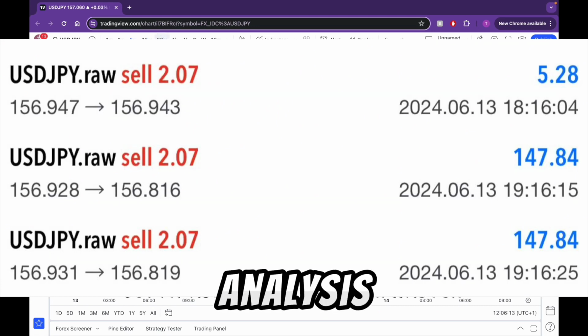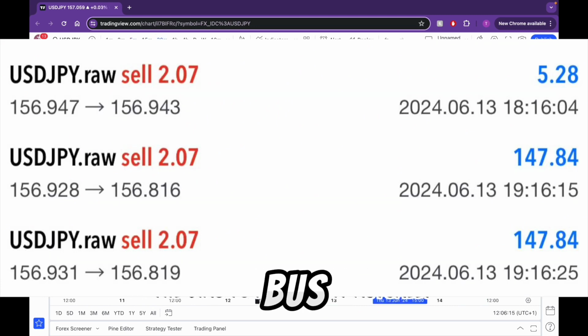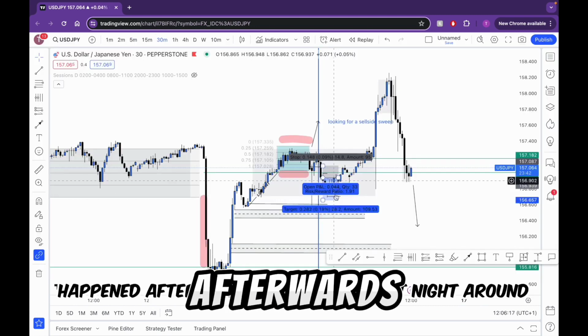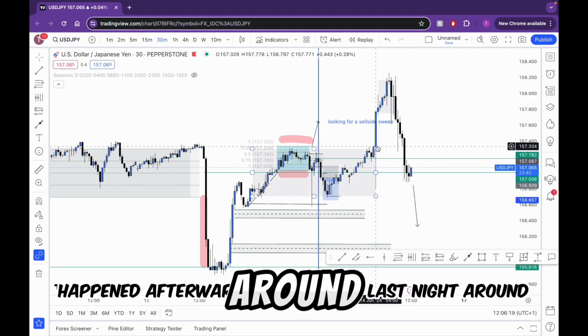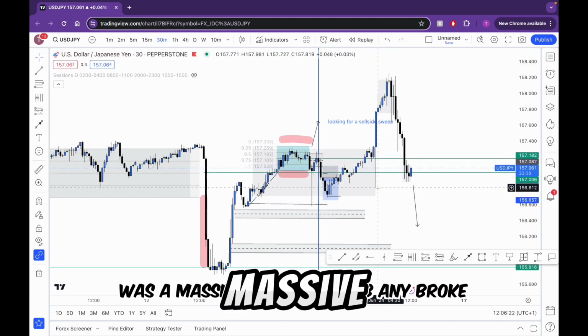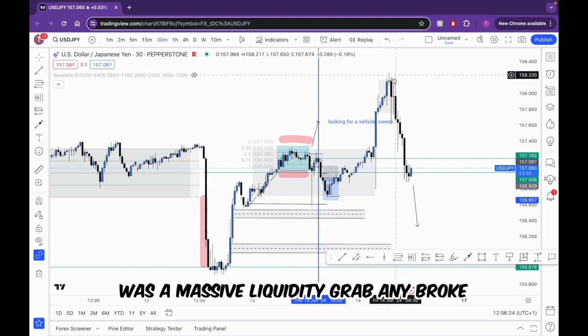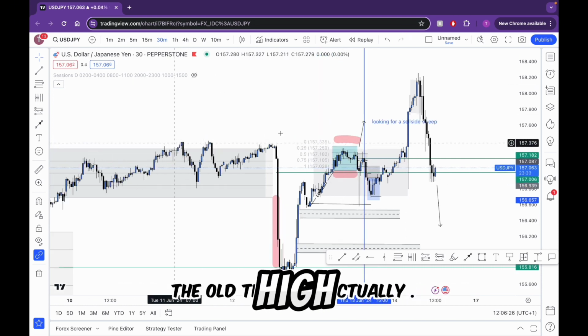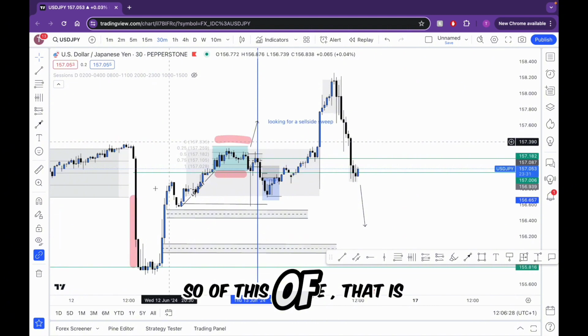But my actual analysis, which was for the buys to happen, actually happened afterwards, because last night around 4 a.m. there was a massive liquidity grab, and it broke the all-time high actually. So of this range, that is.